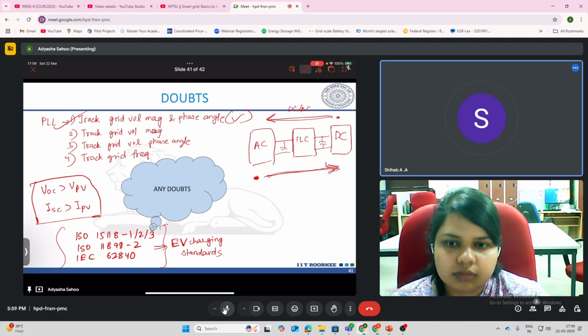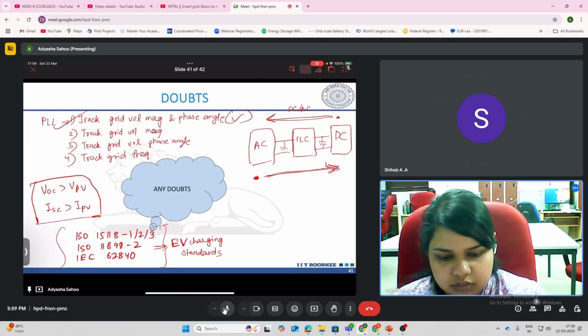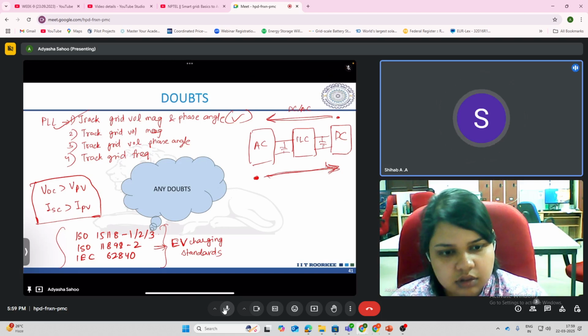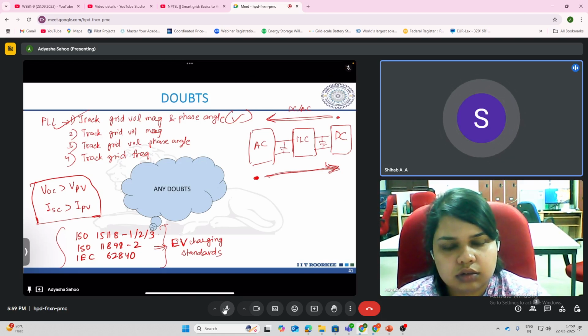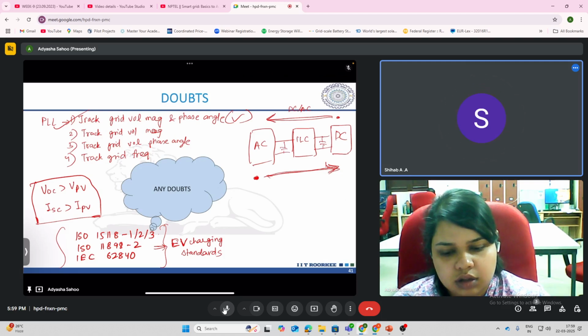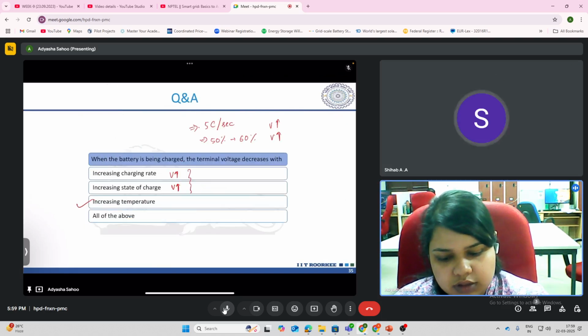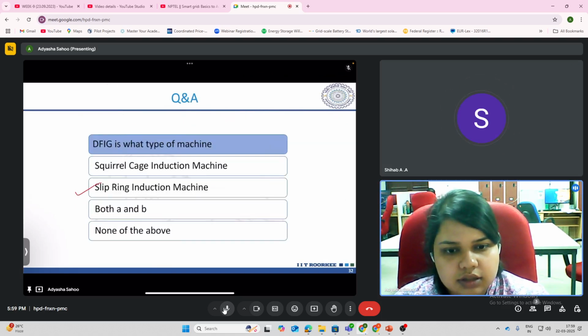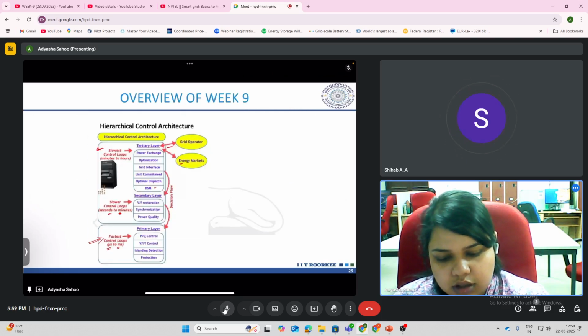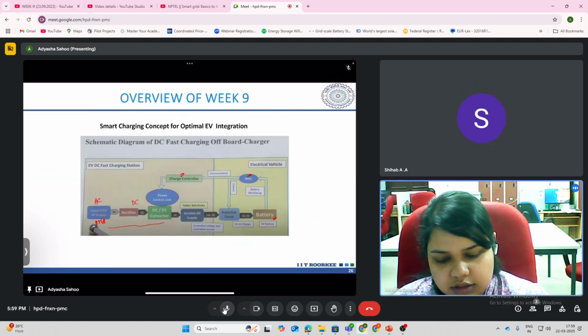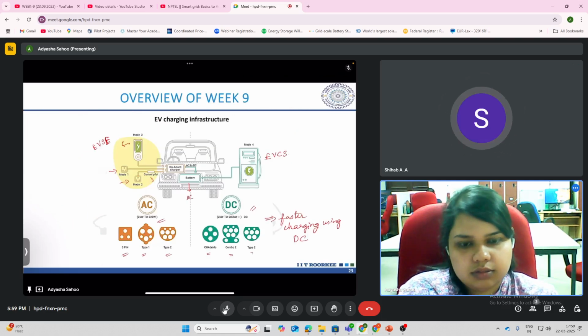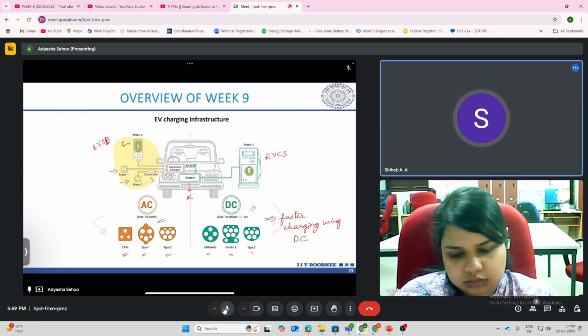Frequency. Cell imbalance, I think we discussed now, maybe due to differences in temperature, differences in internal resistance, differences in leakage resistance, difference in system.